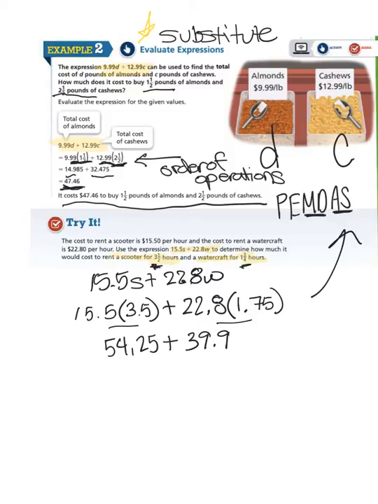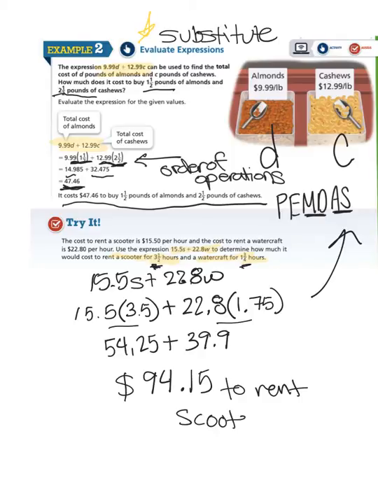We add those two together and we come up with 94.15. So we were paying $94.15 to rent the scooter for 3.5 hours and the watercraft for an hour and 3/4.